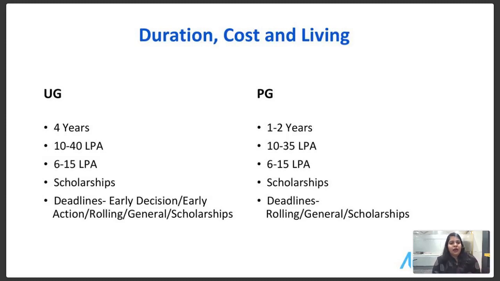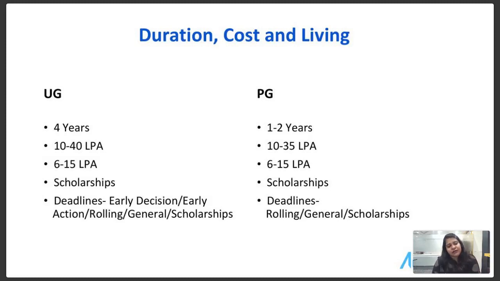Maybe they have a September or January, as well as a summer intake, which might start in May, June, or July. Then you have a general deadline wherein there's one deadline for one particular kind of course. So, say for example, a master's in computer science has a deadline of 15th of January. After that, they will not accept applications for fall 2020. So, this is a general deadline.